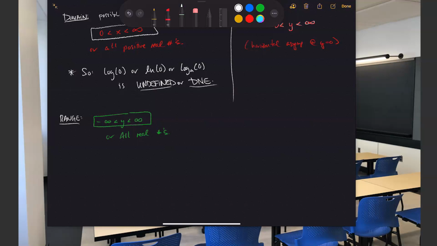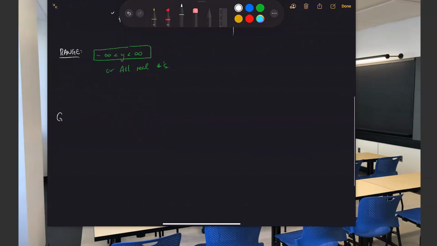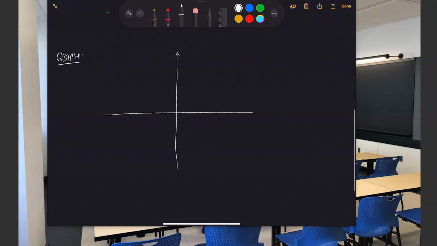And let's sketch the graph and see how it relates. So the graph of a log function will look something like this. X and y axis here, passing through the point 1, 0, so on the x-axis. And you'll see it does not cross this x equals 0 or the y-axis here.